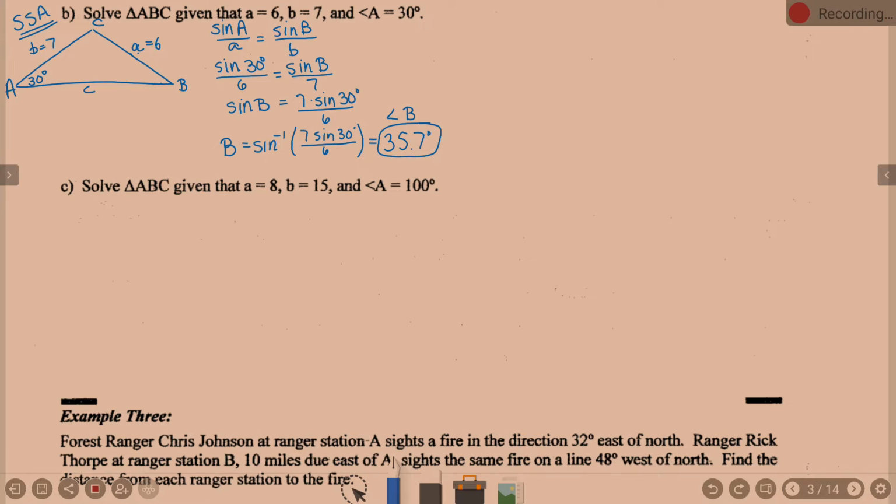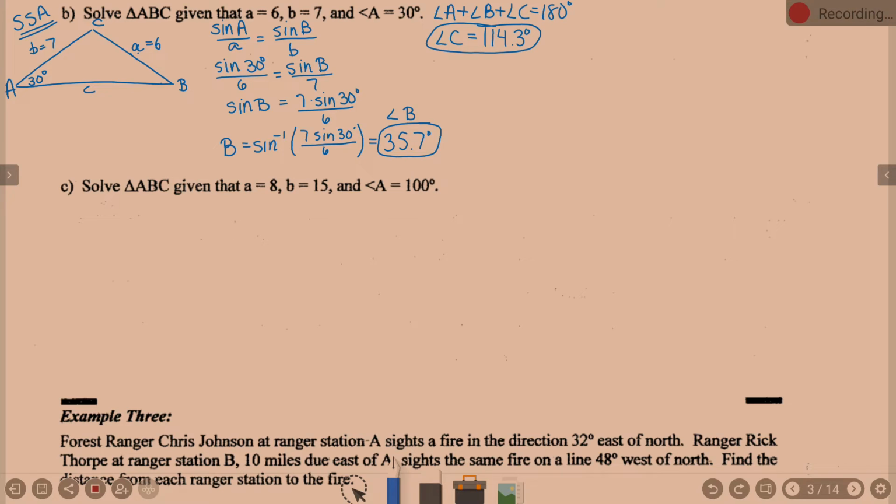I normally write some information up top, but I'm not going to be able to do that. So, angle A plus angle B plus angle C equals 180, correct? With that information in hand, I'm trying to save space. Angle C is what? 114.3 degrees.